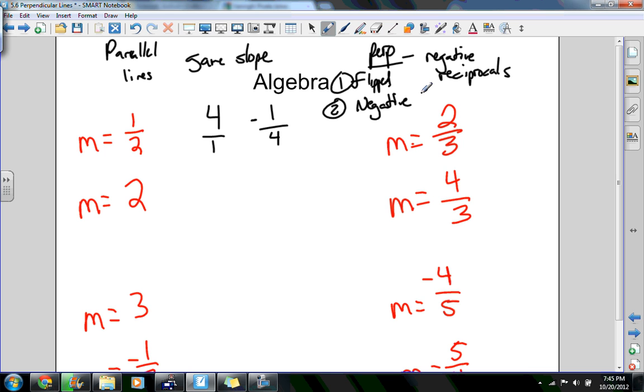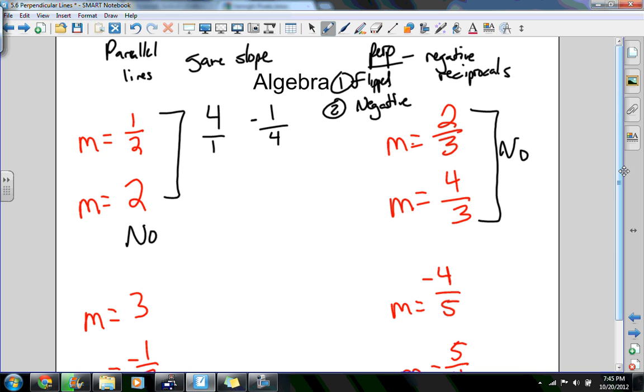So I'm going to look at each of these slopes and tell you if they are negative reciprocals of each other, or if they are perpendicular lines. This one is no, because they are not negative of each other. They are flipped, but they're not negative. This one here, no, because they are not flipped of each other or negative.